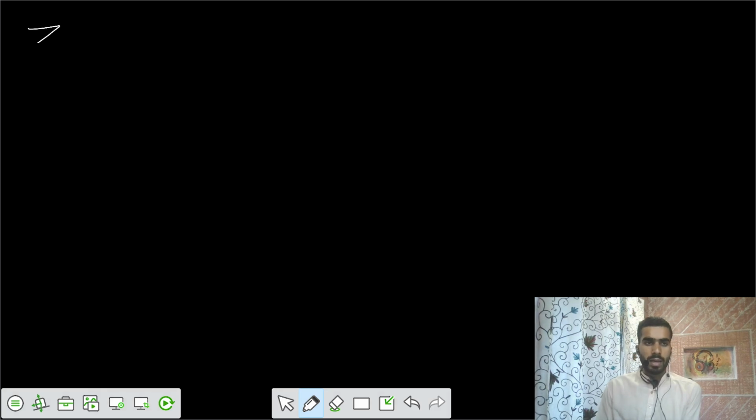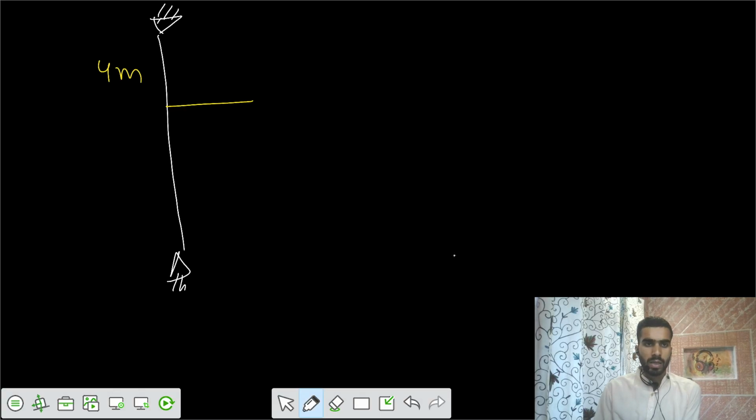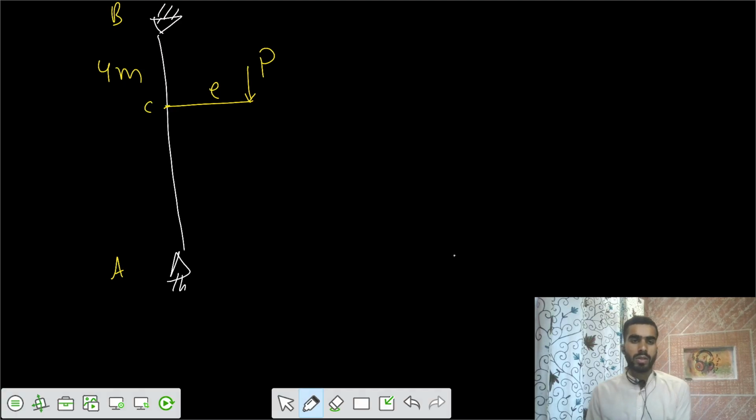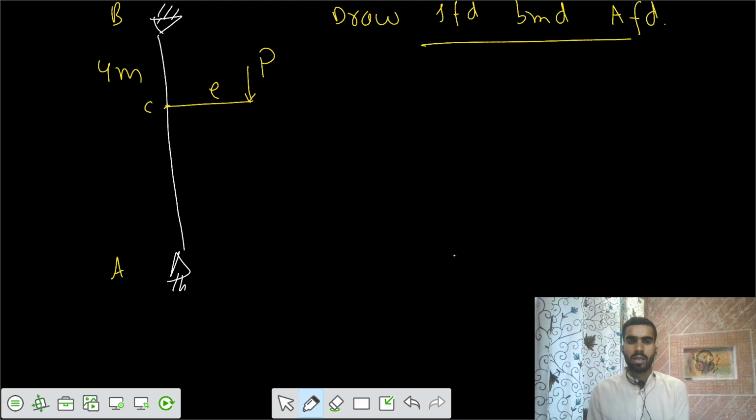Let's take a simple problem. You have this column of length 10 meter, and you have one bracket attached here at 4 meter from the top, and let's say this is AB, and there is some eccentricity of that load P from this point C. So you need to draw the shear force diagram, bending moment diagram, and axial force diagram for this column AB.